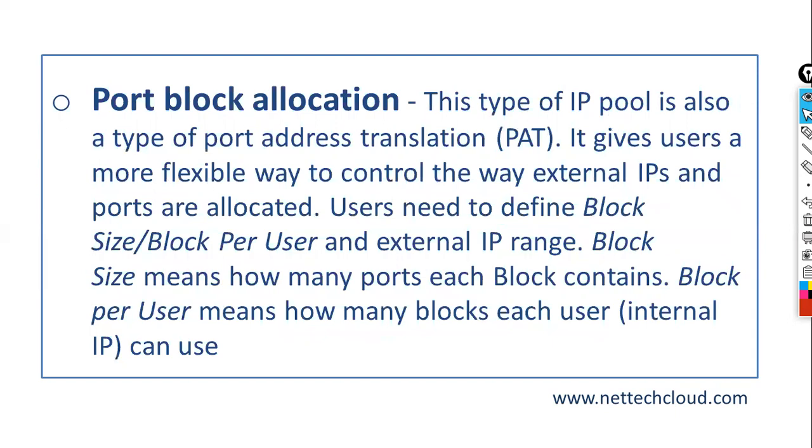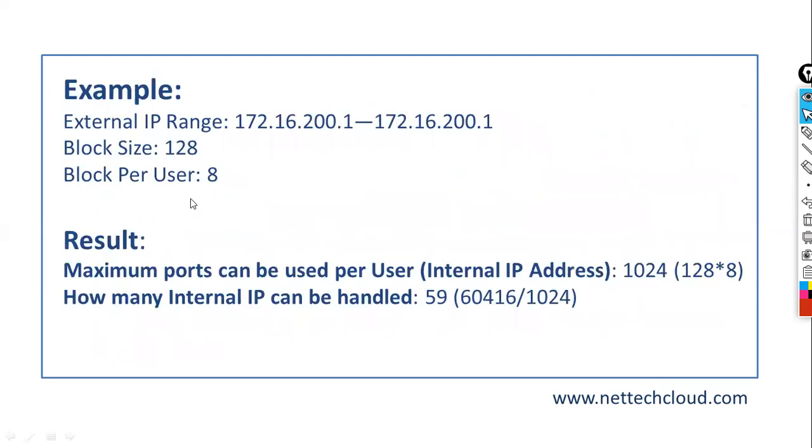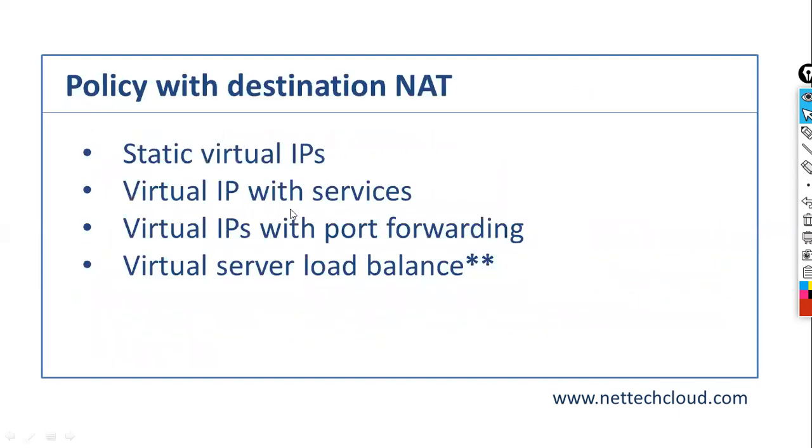In fact, we can reserve for each IP 1,000 ports or maybe 2,000 ports, so that there is equal distribution of port numbers. So these are all different options in the FortiGate firewall. And here is the example.